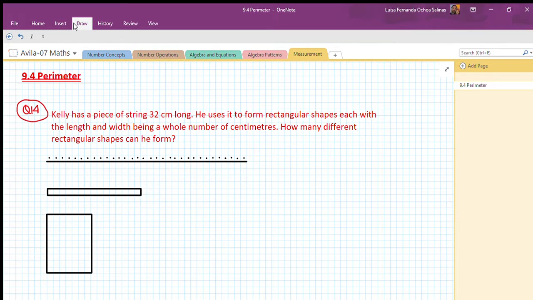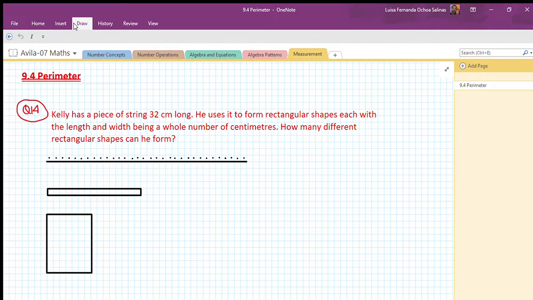So, I encourage you to watch the videos and check if you had trouble with that question, and if you did, then put it into your skills book as feedback for 9.4 perimeter. And if you didn't have a problem with that question, then just skip. You don't have to watch all the videos, okay? It depends on which question you had difficulty with. If you don't remember, you can always ask me and I can give you that information, okay?